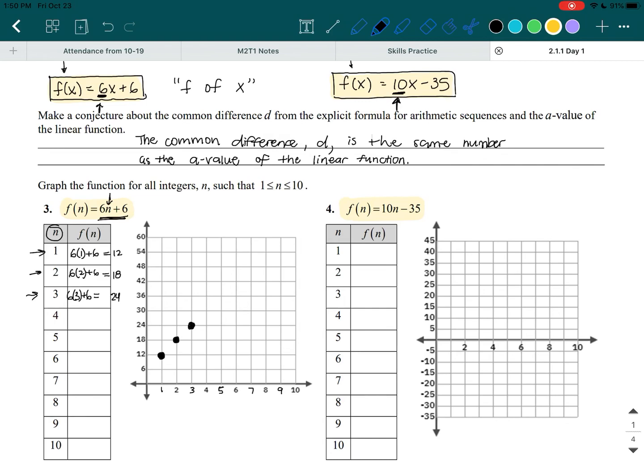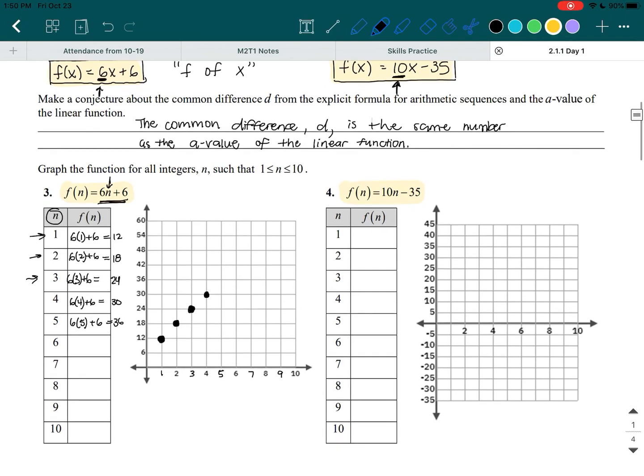And then as you keep going, you're going to go 6 times 4 plus 6. And that will give you 30. So my next point is 4, 30. Then 6 times 5 plus 6 gives me 36. So this point is 5, 36. Okay, and then 6 times 6, and then adding, and that should give me 42.